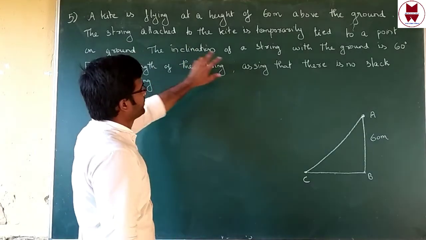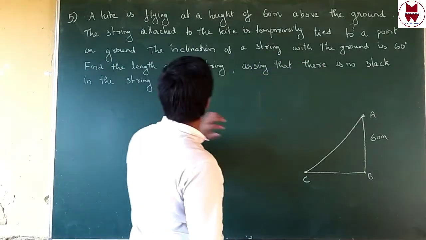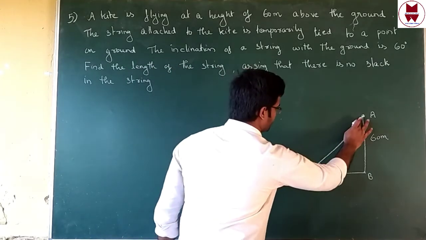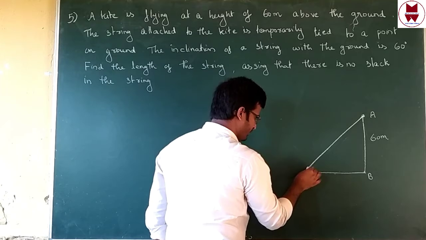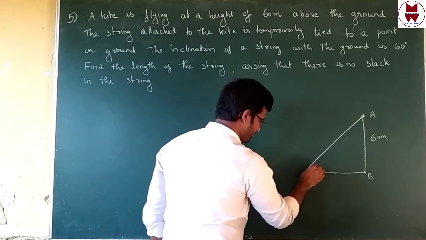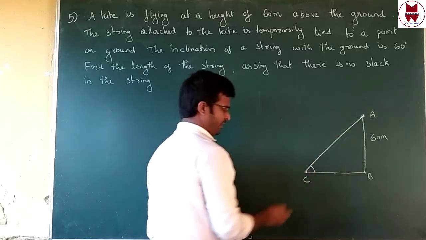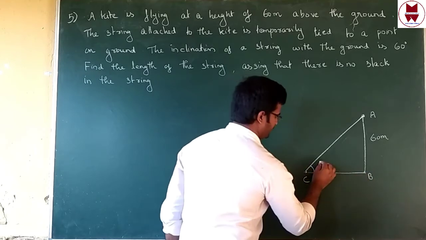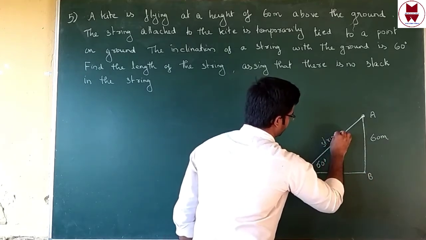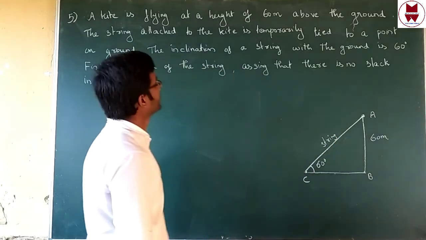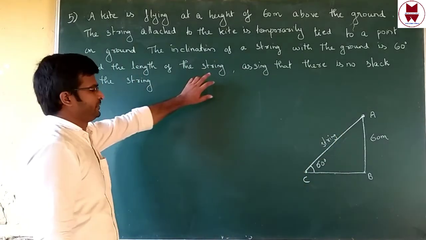The inclination of the string with the ground is 60 degree. This is our string. Inclination means the angle between the string and ground is 60 degree. Find the length of string.